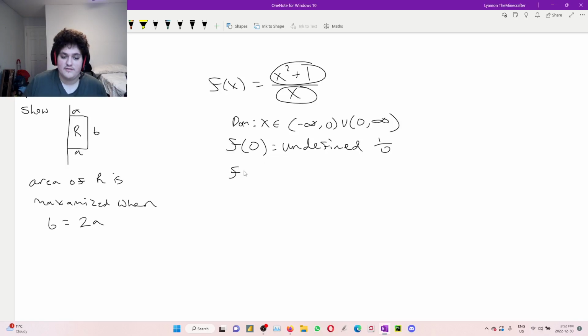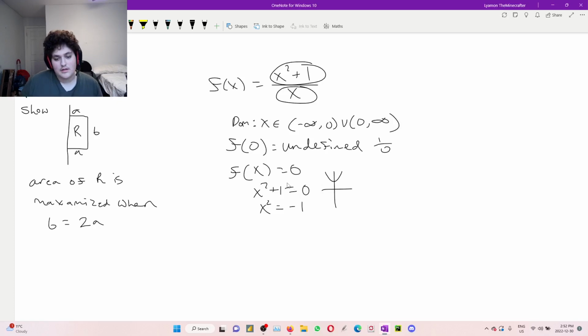If we set f of x equals 0, then this can only happen if the numerator is 0. So we need x squared plus 1 to equal 0. But this can never be because you'd need x squared to be negative. Or if you think of a graph, this is always greater than 0, so it's never equal to 0. So we have no intercepts.